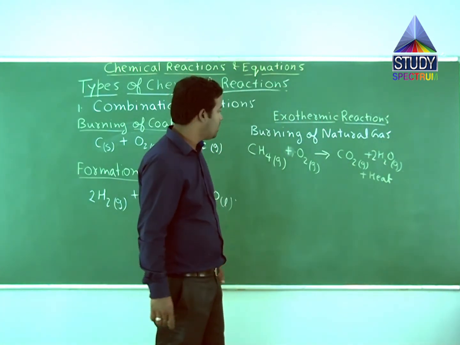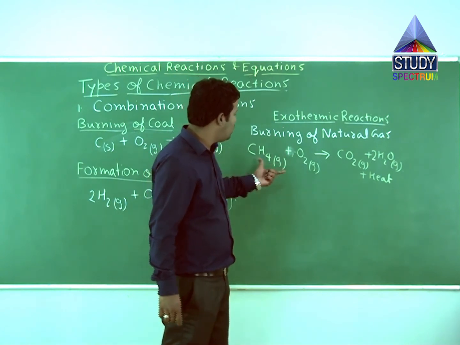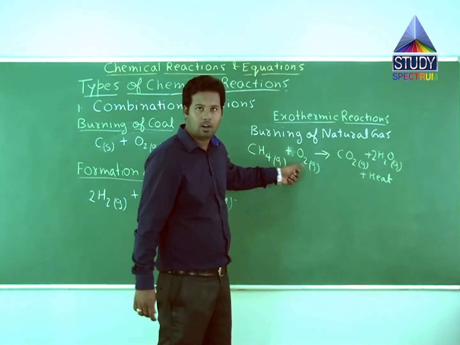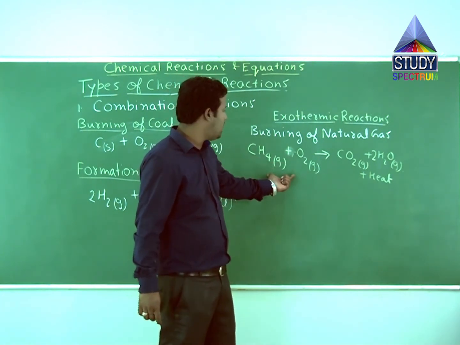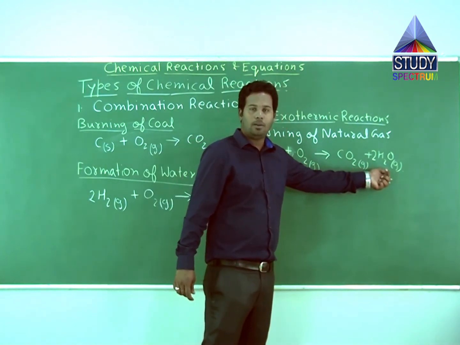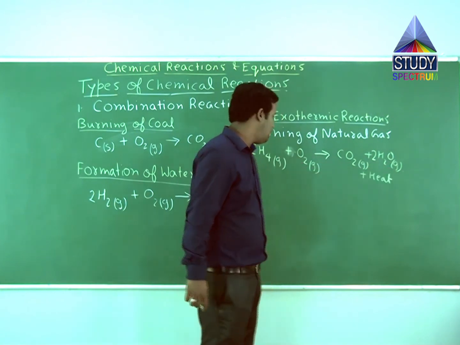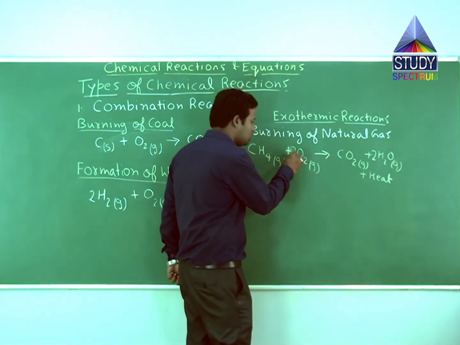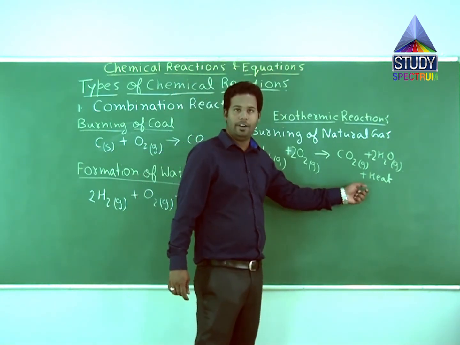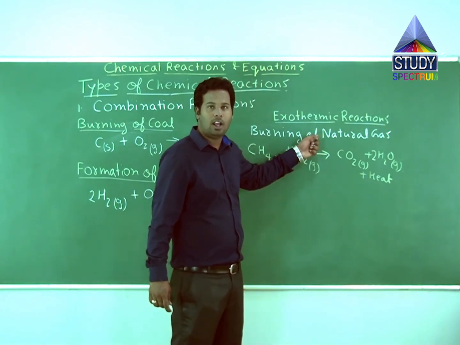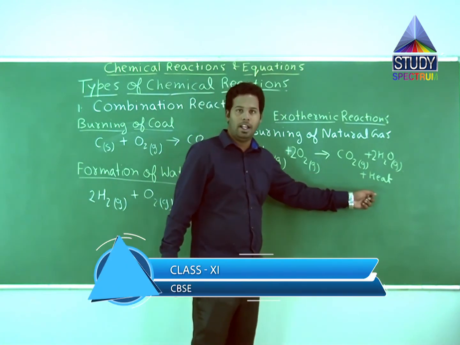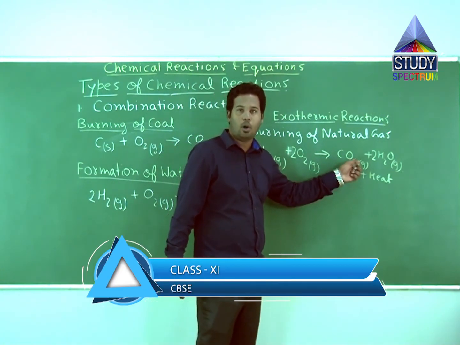Now if you talk about oxygen, there are 2 oxygen atoms in LHS, contained in the second reactant, and in RHS 2 in the first product and 2 in the second product, means 4 oxygen atoms. So if I place 2 over here, then oxygen also gets balanced. Now this is a completely balanced equation, which tells us that burning of natural gas is an exothermic reaction where it liberates heat along with the formation of products.